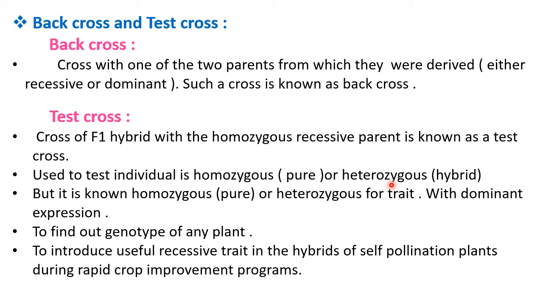For example, a hybrid tall pea plant has the genotype capital T small t. Hence it is called hybrid or heterozygous. So test cross is used to test whether the plant is homozygous or heterozygous.